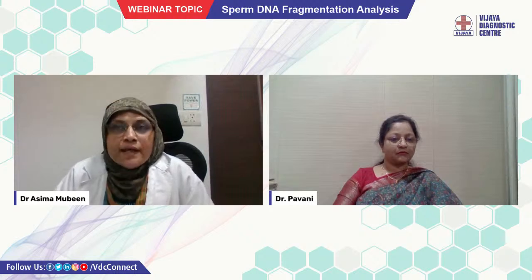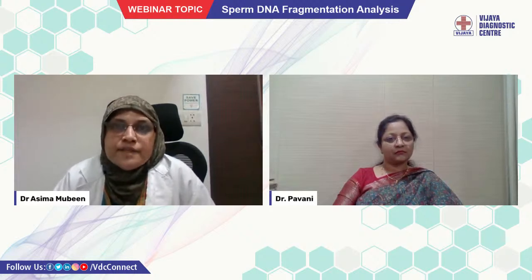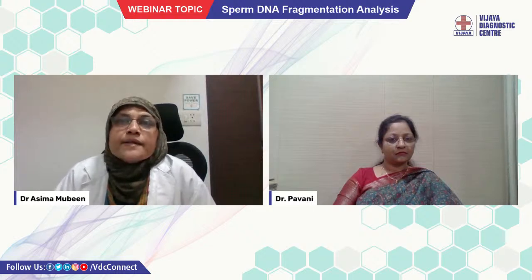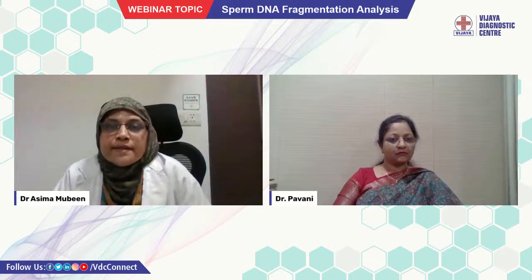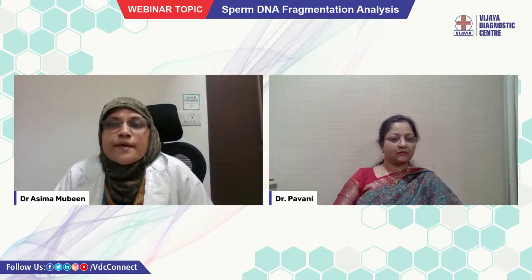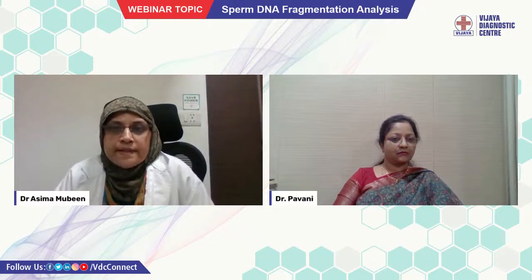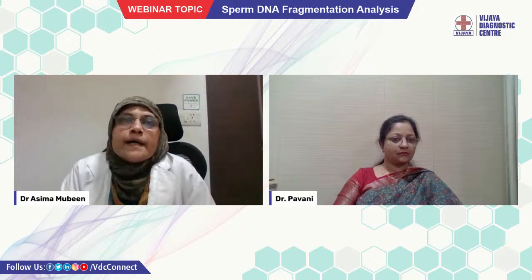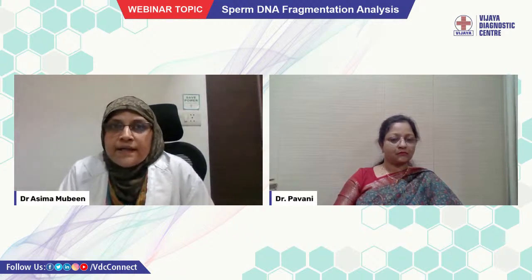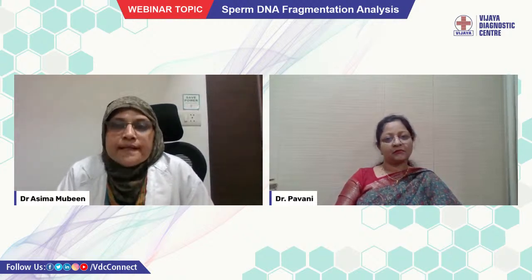First of all, in brief, because I know my technicians are also attending this: in the kit we have a gel, so that we have a background for the cells. This gel we have to melt in a series of temperatures, like 80 degrees and then 37 degrees. For this we have a water bath. We melt the gel and then add the semen into the gel.